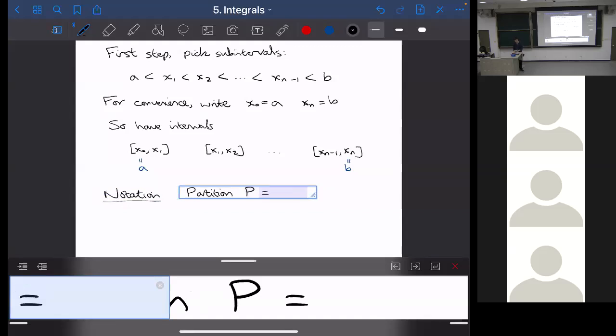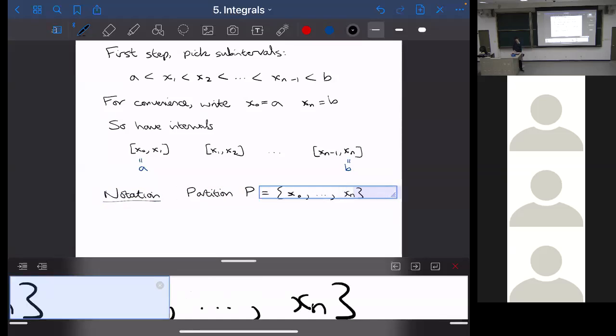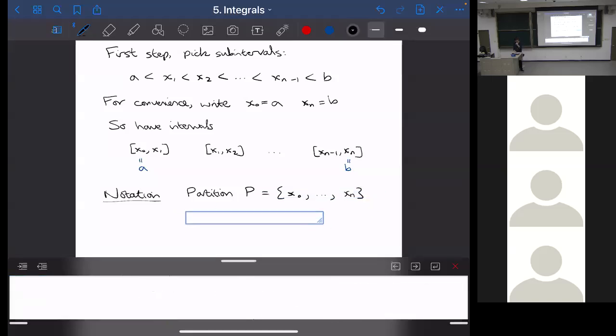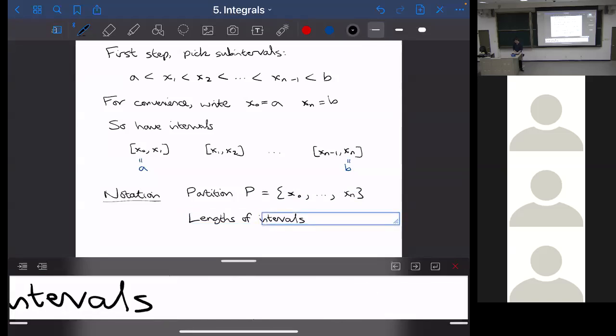We write big P for the partition, and I just write my numbers like this. And for the lengths of the intervals, I'm going to write delta, so change in x.